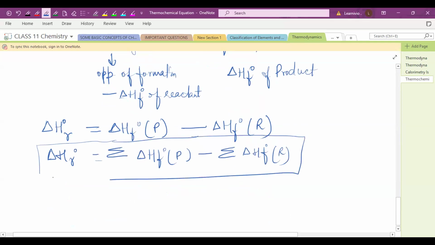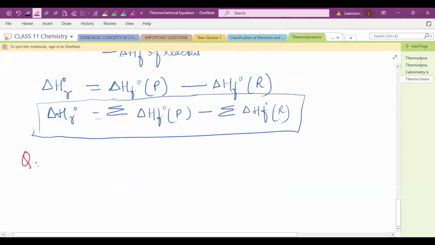Now, based on this formula, I have a question over here. Question is, write down the question.